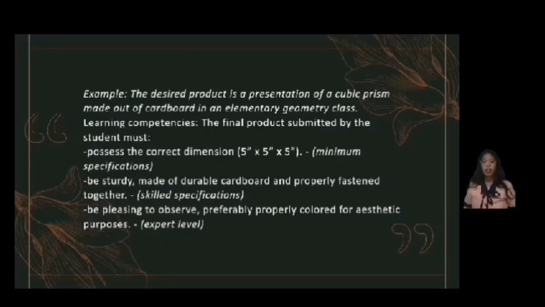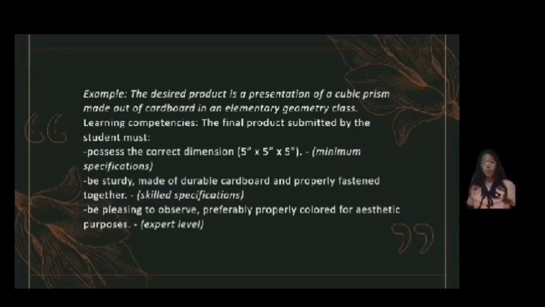the final product submitted by the student must first possess the correct dimension, 5 by 5 by 5, that's level 1. Now, be sturdy, made up of durable cardboard and properly fastened together, is a skill specification which is in level 2. Now, be pleasing to observe and preferably properly colored for aesthetic purposes is in the expert level.